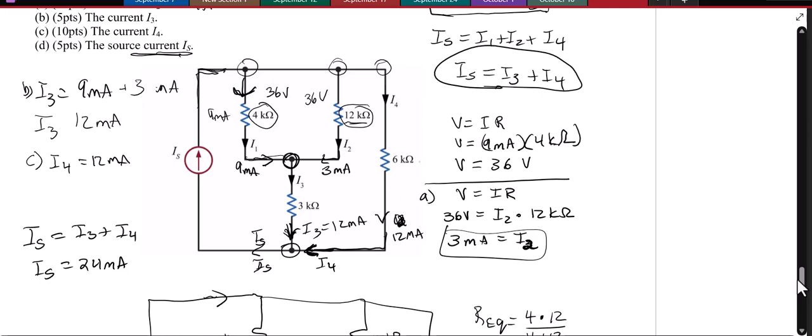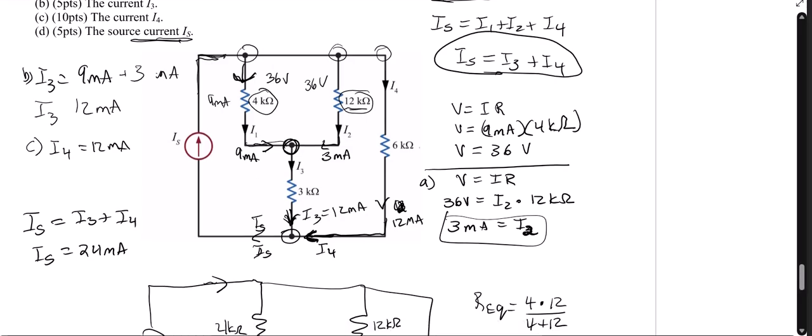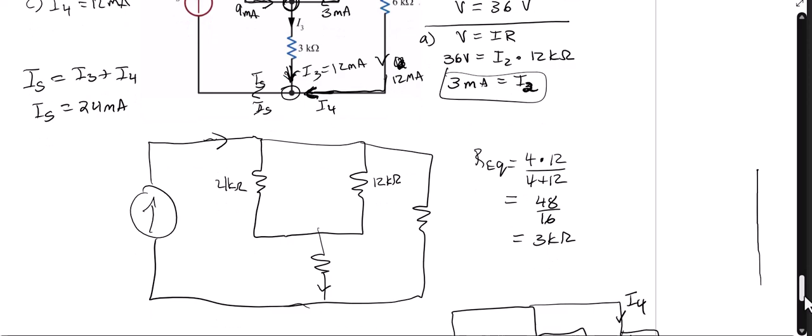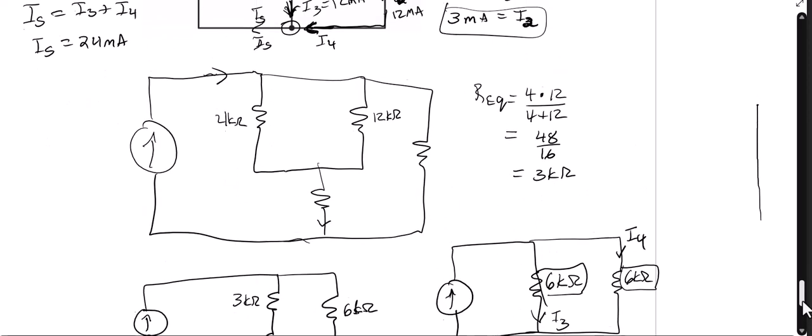In this case, would I4 have the same voltage as I1 and I2? It would not, and let me show you why. I don't know why I just changed my computer to where I can't write on it as well.